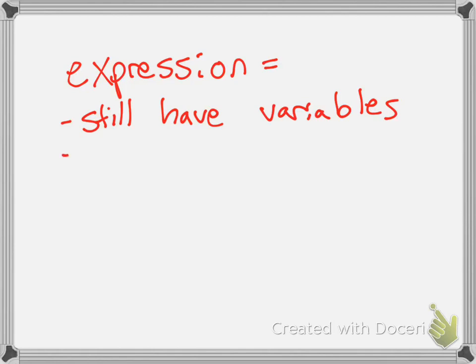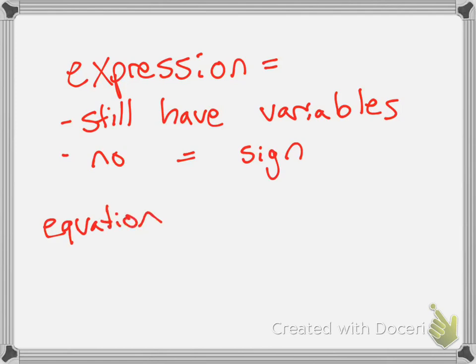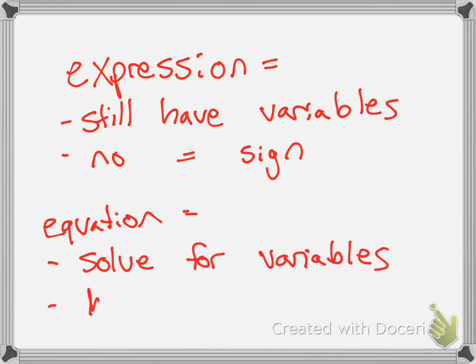There is no equal sign. An equation, you solve for the variables, and as you can guess, it has an equal sign. That's why it's called an equation, because it's got that equa for equal sign in it.